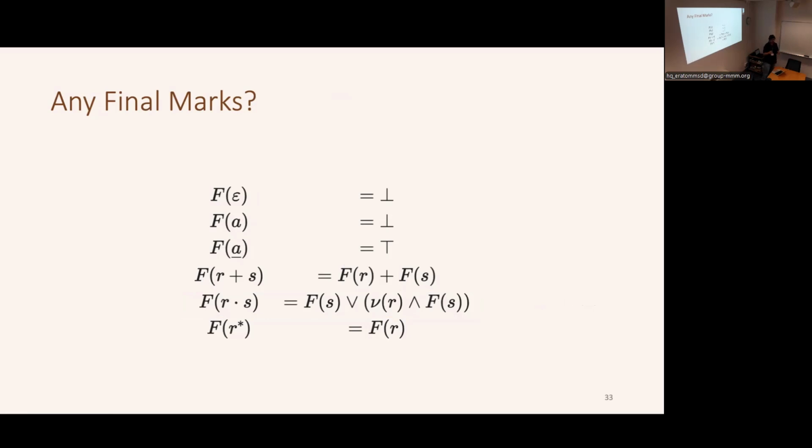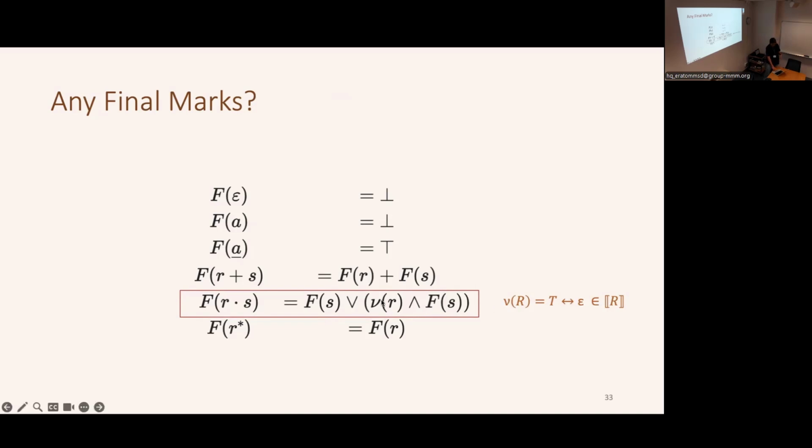For star, I look inside, at the final character of the automaton that is under the star. And the case for concatenation is the most interesting, as it's going to be for most of this description. So here, if I do have a mark on S, which is a final mark, then indeed it's a final mark for the whole thing.